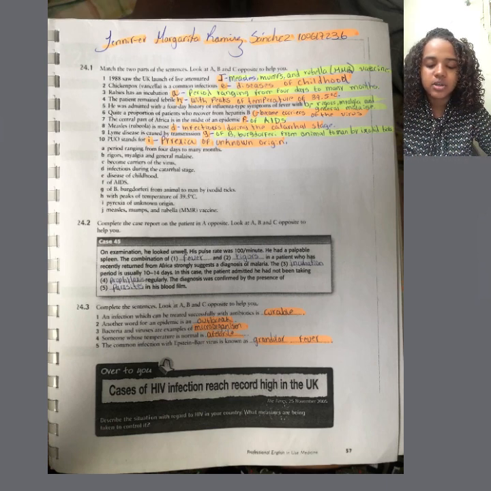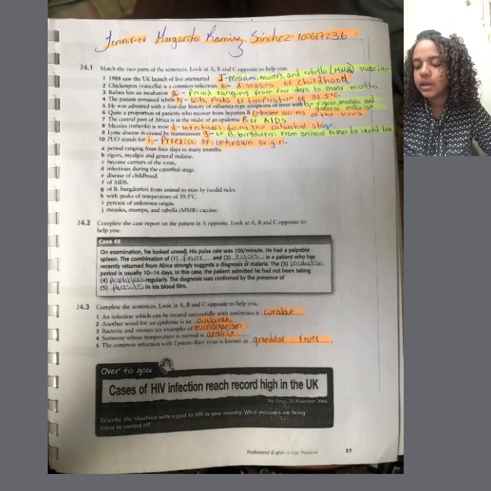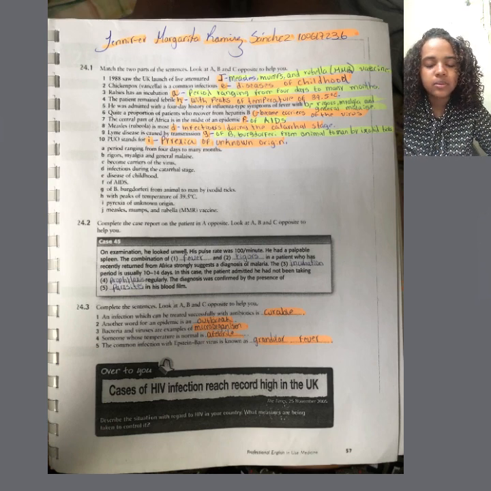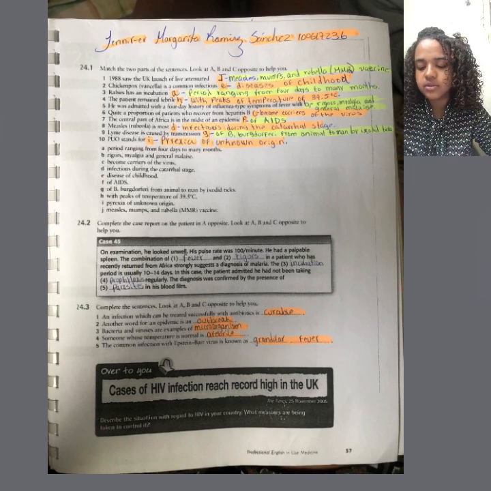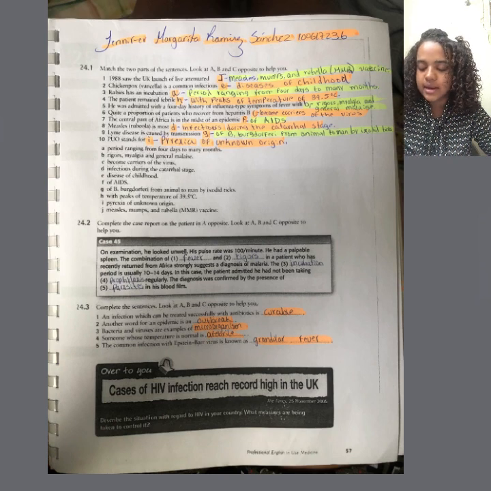Number 4, the patient remained feverish with peaks of temperature of 39.5 degrees Celsius. Number 5, he was admitted with a 4-day history of influenza-like symptoms: fever with rigors, myalgia, and general malaise.